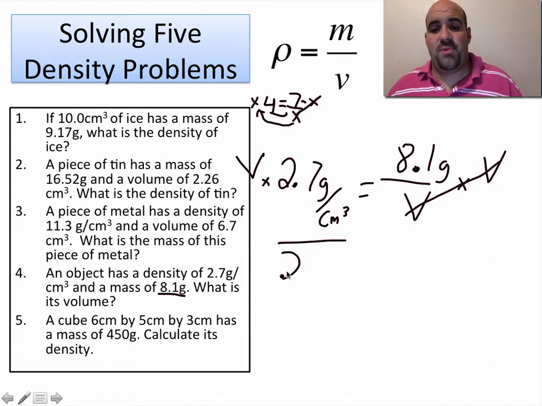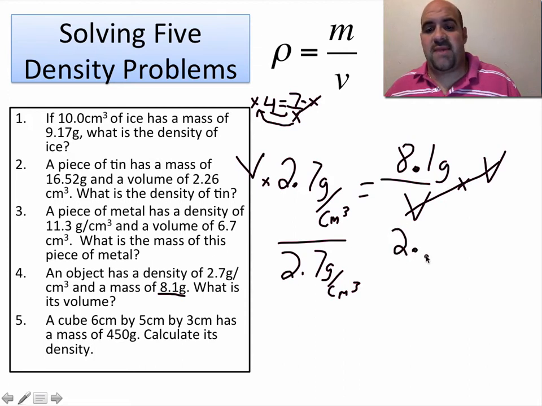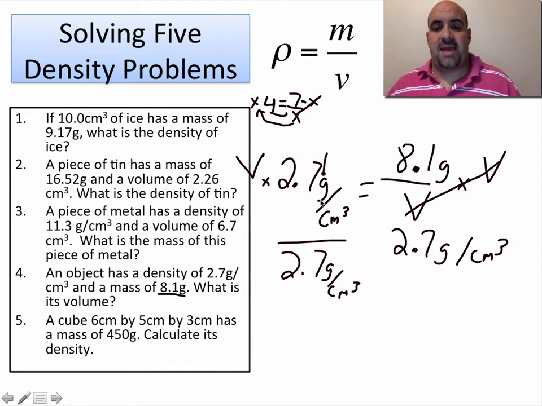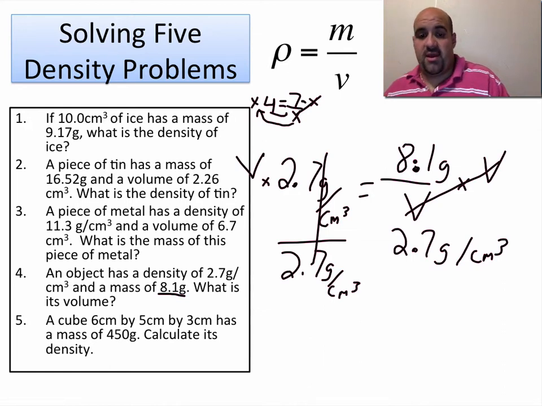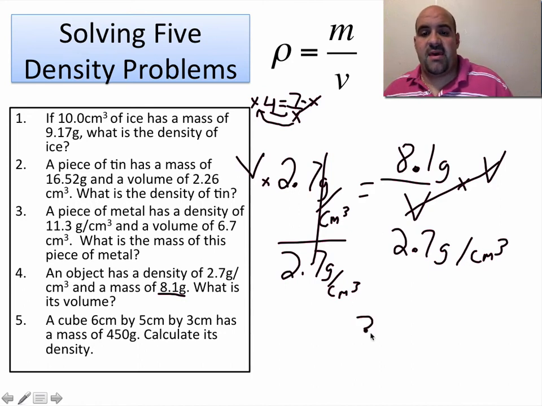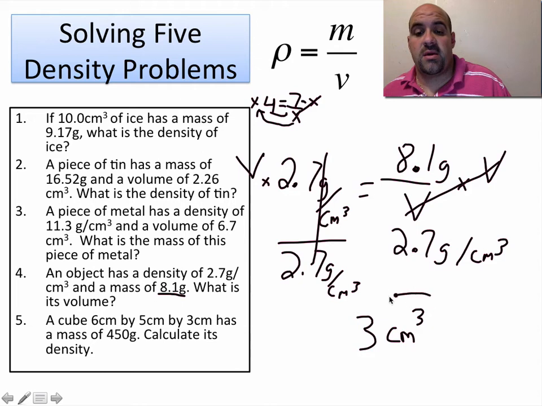If I divide this side by 2.7 grams per cm cubed, this is going to cancel, but I also have to divide this side by 2.7 grams per centimeter cubed. So this canceled. Volume equals 8.1 divided by 2.7. 8.1 divided by 2.7 equals 3. So the volume is 3 centimeters cubed.